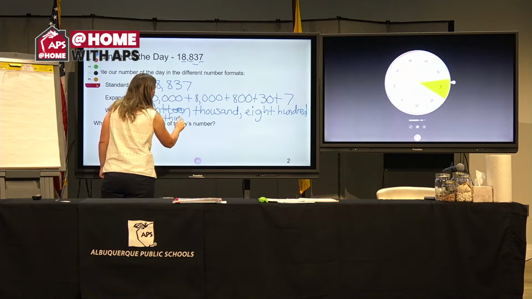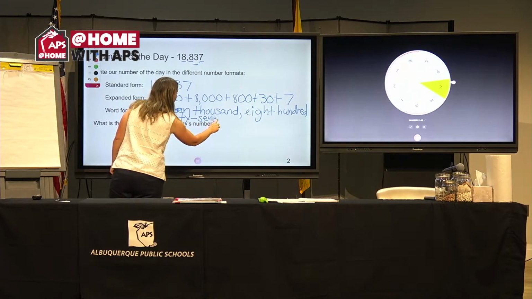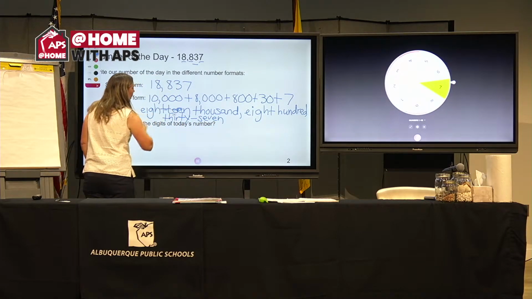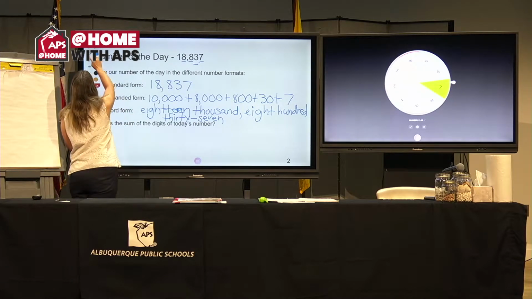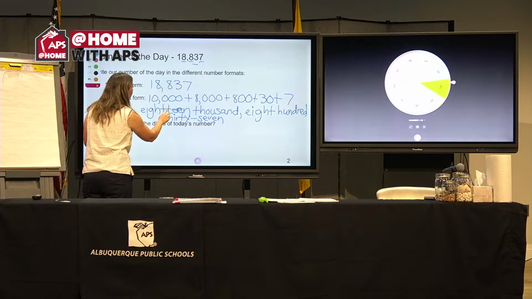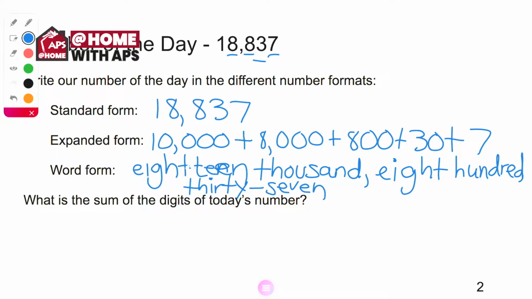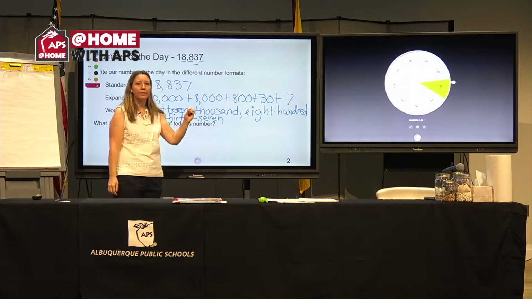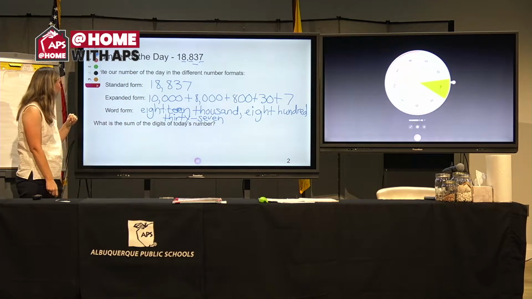Then we have 30. Now comes the dash. See, I knew I was confusing myself. 37. So the way we say it is the way we write it. 18,837. Remember, no "and." Okay.